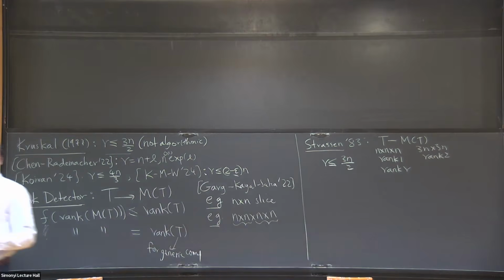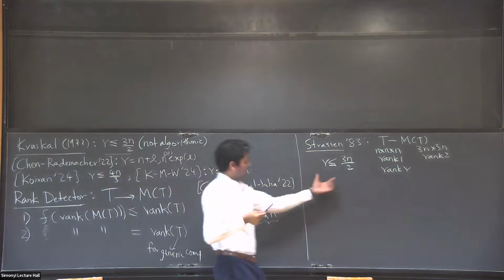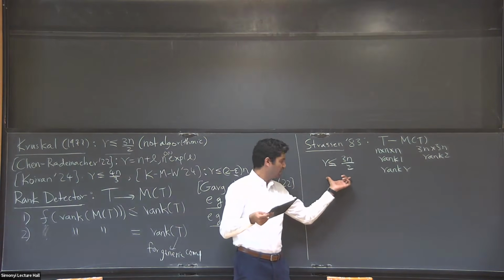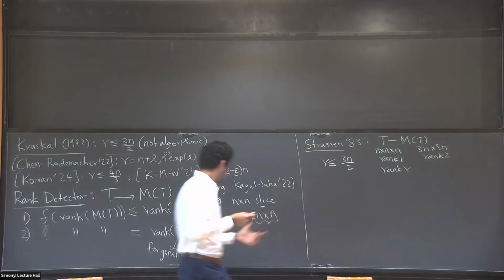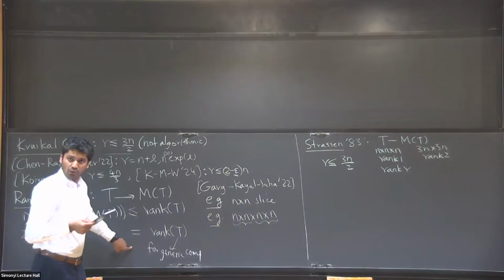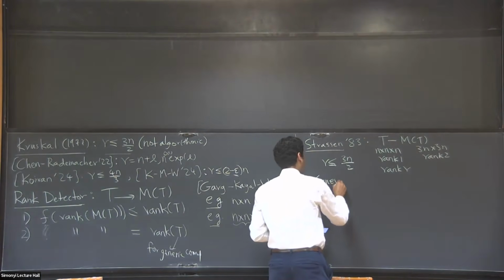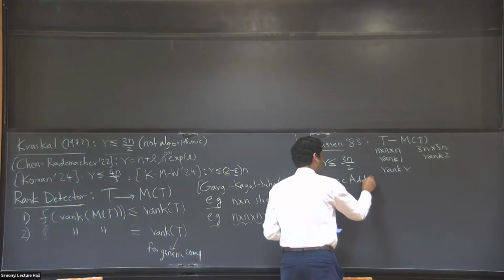Does it make sense? And in order for me to certify the rank of a tensor for R at most 3n over 2, I would want this equality to hold. For this equality to hold, I need generic additivity of rank. So rank in general is sub-additive.